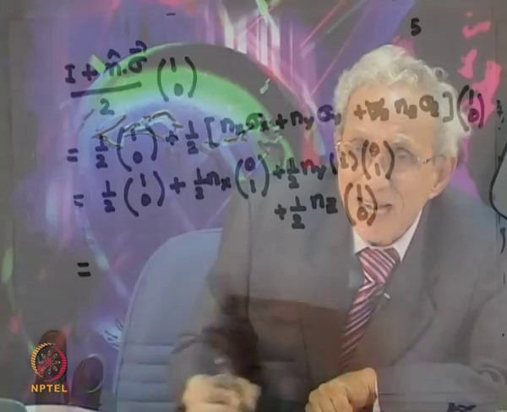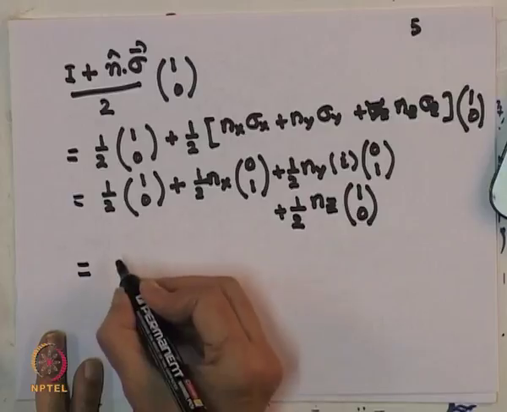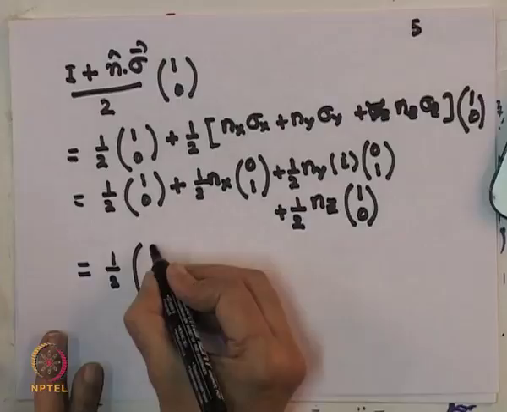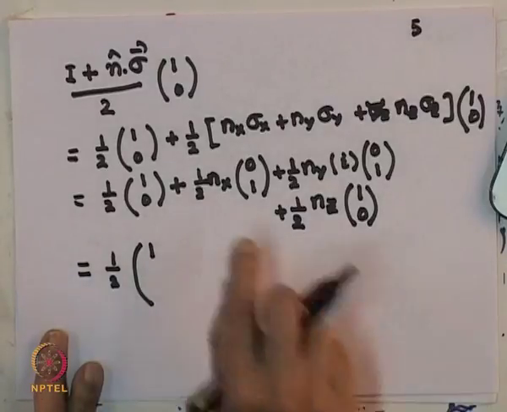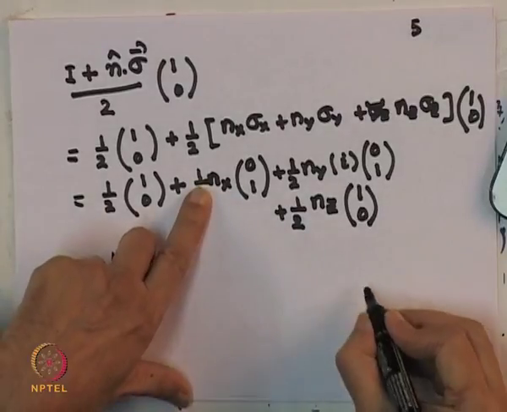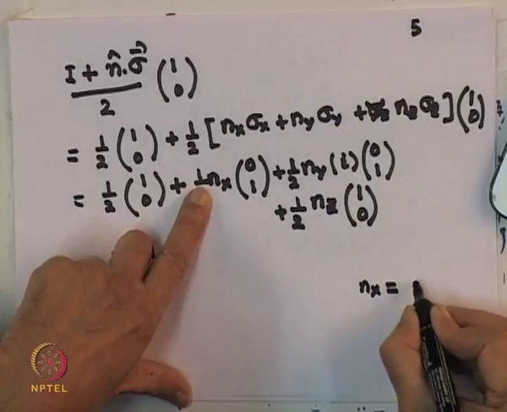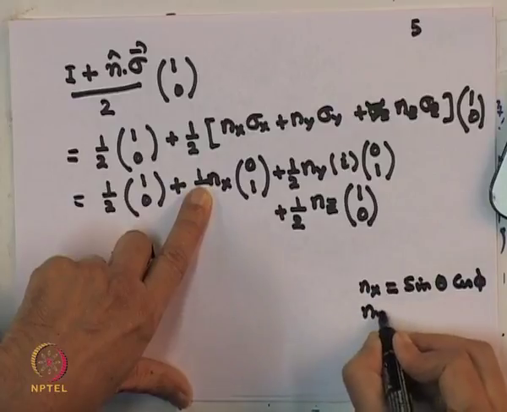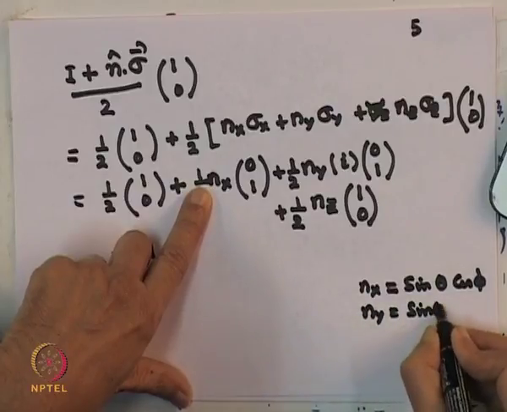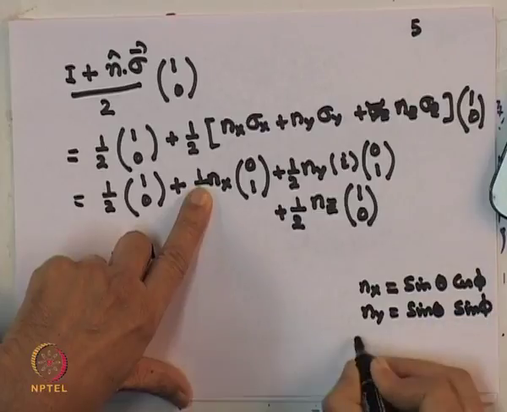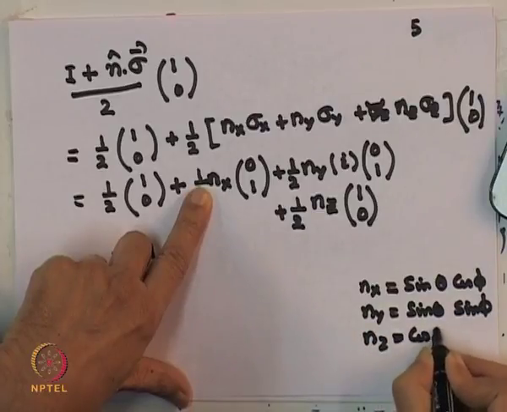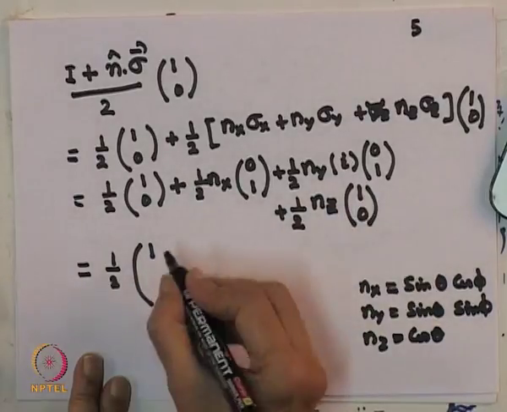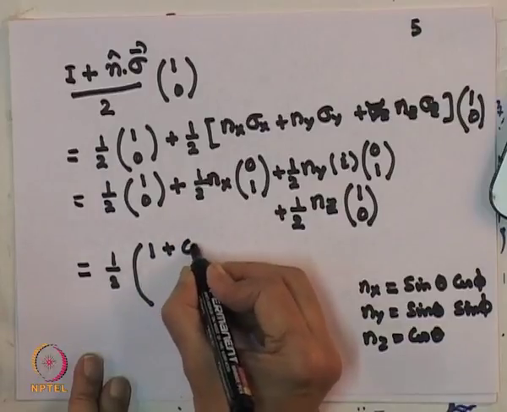Now let us write it as a single matrix. So look at what I am having. I have a half there. I have 1. Now recall that my nx is sin theta cos phi, ny is sin theta sin phi, and nz is cos theta. So I have got 1 and only a term coming from nz, so it is 1 plus cos theta.